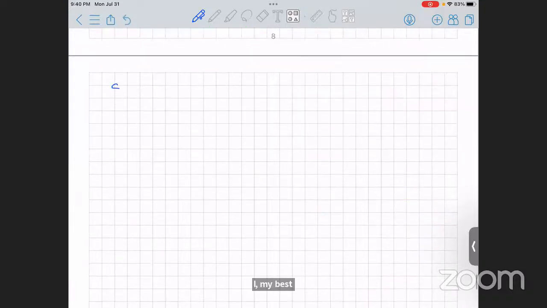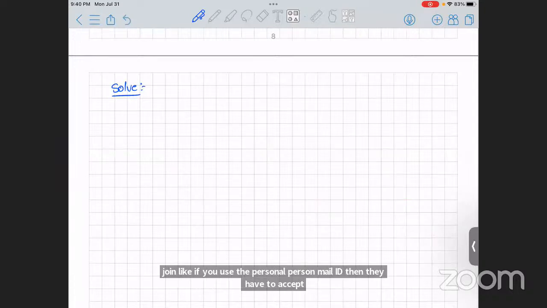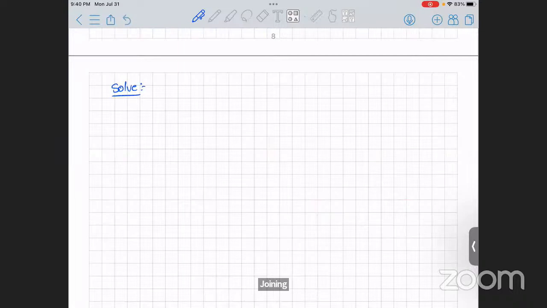If you use that, you can directly join. If you use a personal mail ID, then we have to accept. I always join by the personal ID. Then join with the student mail ID. Very few people join there, so they don't conduct it.